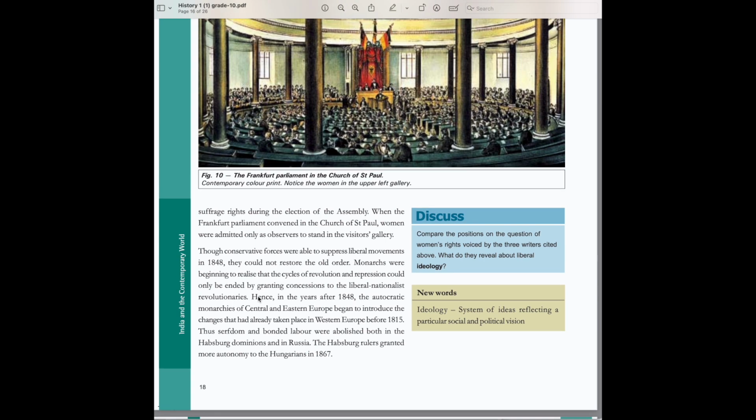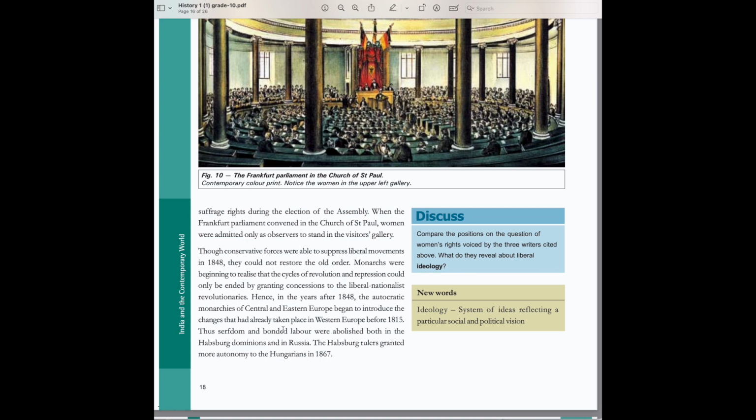Though conservative forces were able to suppress liberal movements in 1848, they could not restore the old order. Monarchs were beginning to realize that the cycles of revolution and repression could only be ended by granting concessions to the liberal nationalist revolutionaries.